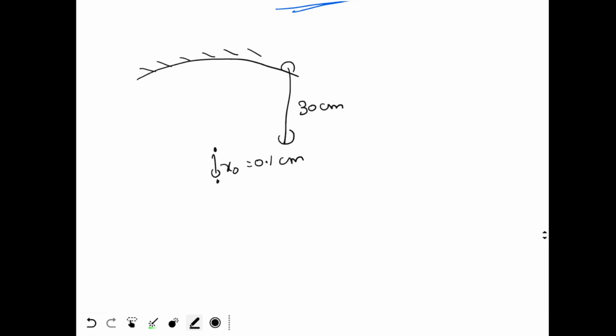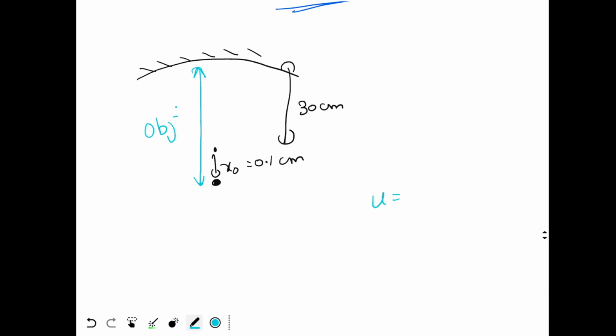Let's draw again. So this is your mirror, this is your spring in natural length, so that is 30 centimeter, and from there we go x naught further, 0.1 centimeter downwards. So for this position, let me find the position of image. So this is my object distance, I could say.